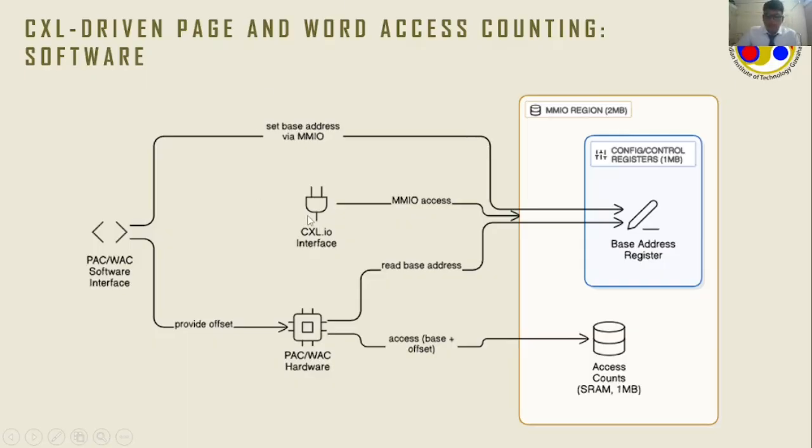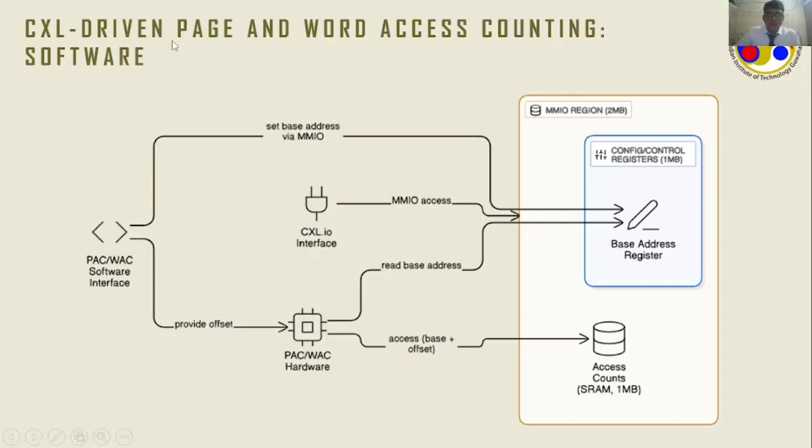MMIO is a mechanism that lets software treat device registers or memory as if they were normal memory addresses. So, mapping it to an MMIO region actually helps the CPU to address these hardware things via normal load store instructions. This helps us to access the access counts through the MMIO interface via CXL.io.